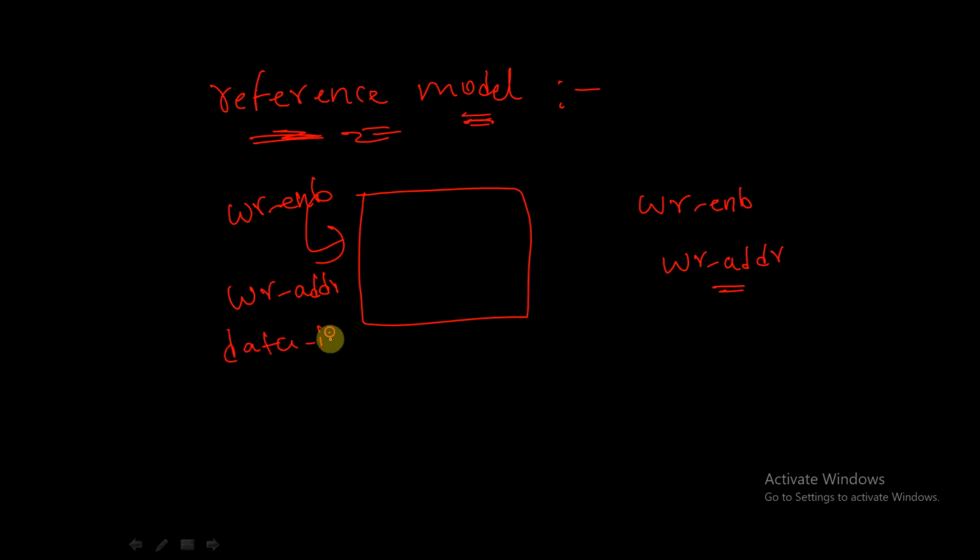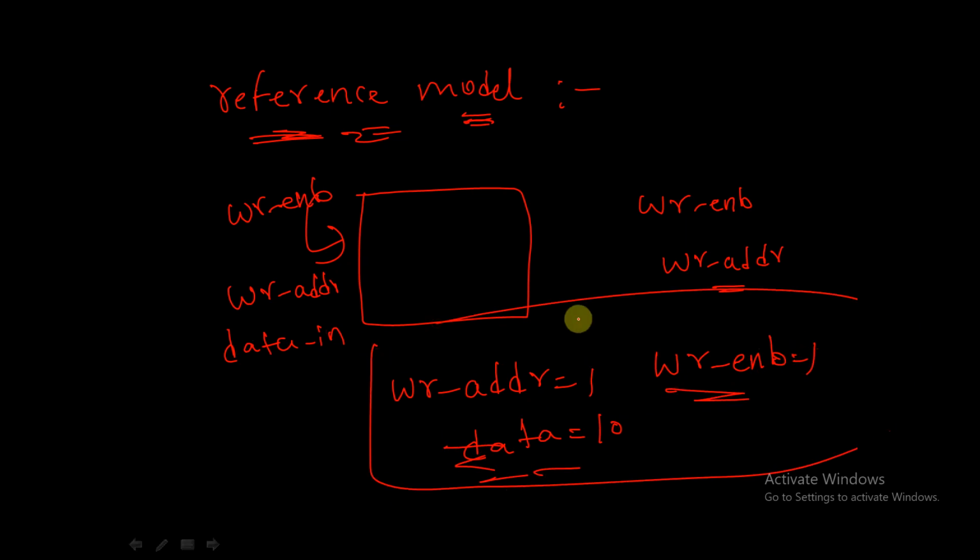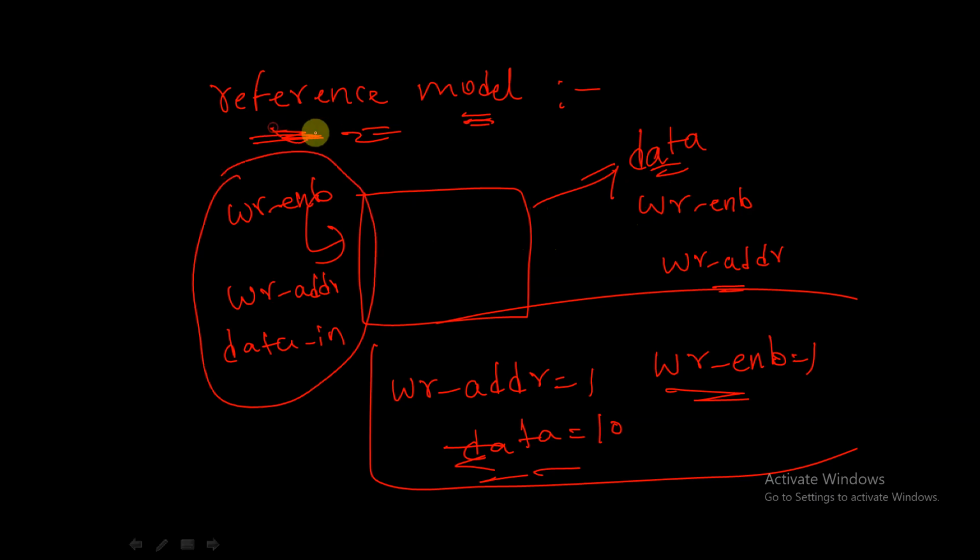If we provide write address equal to 1, data in equal to 10, and write enable equal to 1, then this reference model is going to work exactly as the design would, and it is going to provide you a data out. The reference model provides data according to the enable signals or the inputs you have provided to it, so it produces an output signal known as data.